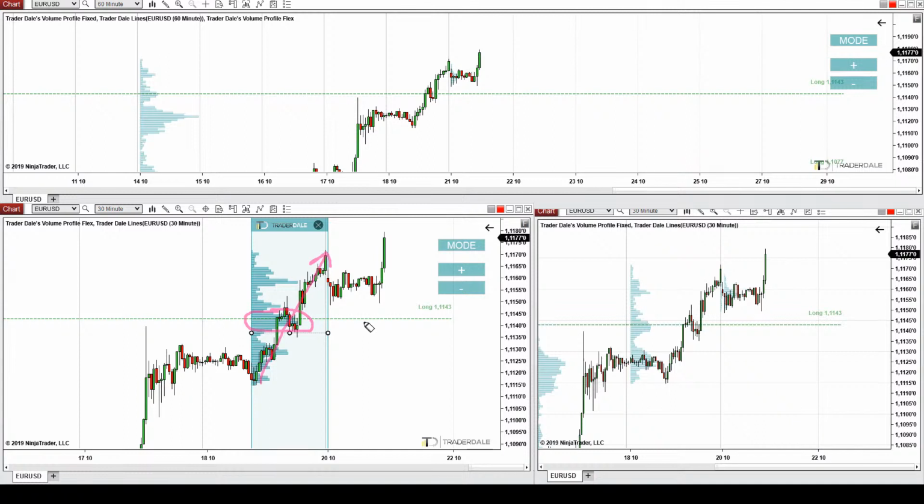The heaviest volumes in this cluster are in this area, 1.1143, and I think that the buyers who are currently pushing the price upwards were adding to their buying positions there. So when the price gets back to this level again, I think it's pretty likely that those guys will start defending their buying positions. They'll become active again and push the price upwards from this level again.